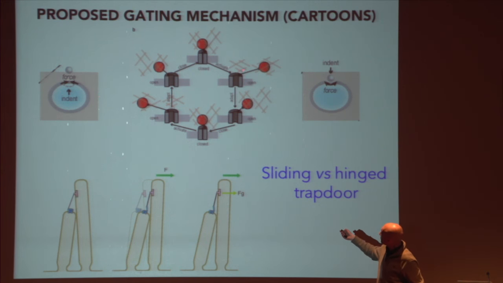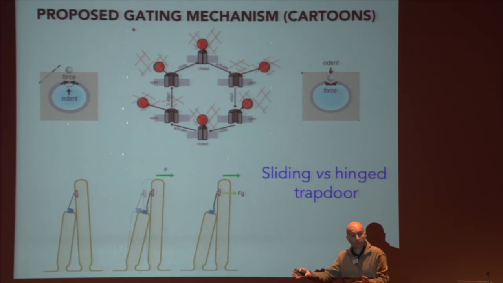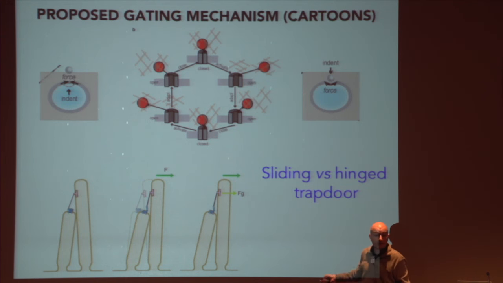So when the force is getting applied, the trapdoor is going to swing in one direction. Then the friction with the surrounding medium is going to provide some relaxation mechanism which is going to bring the trapdoor back to the initial position and close the channel. This is going to provide, exactly like in the Hudspeth model, the adaptation.